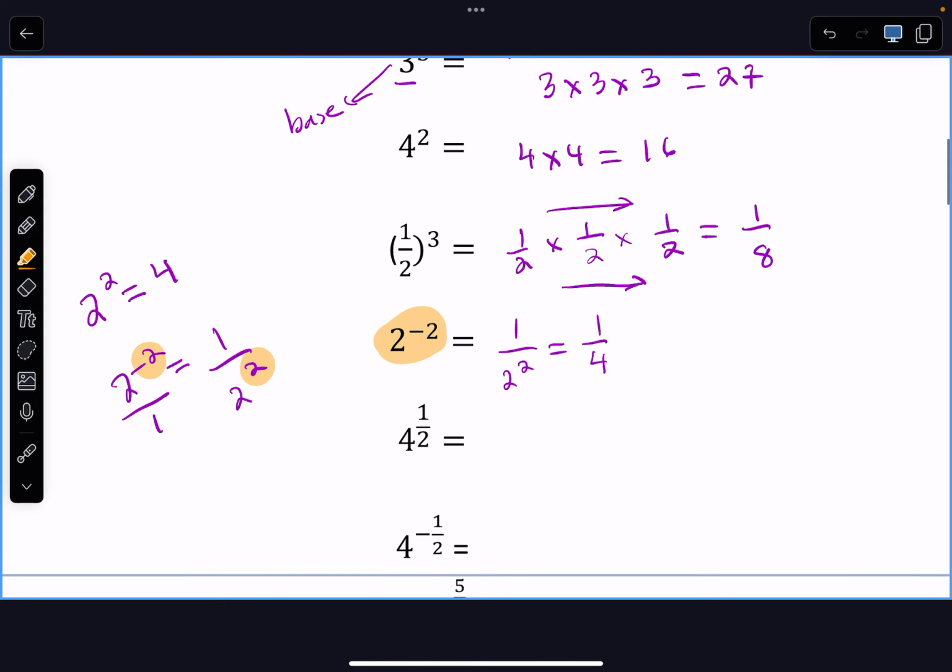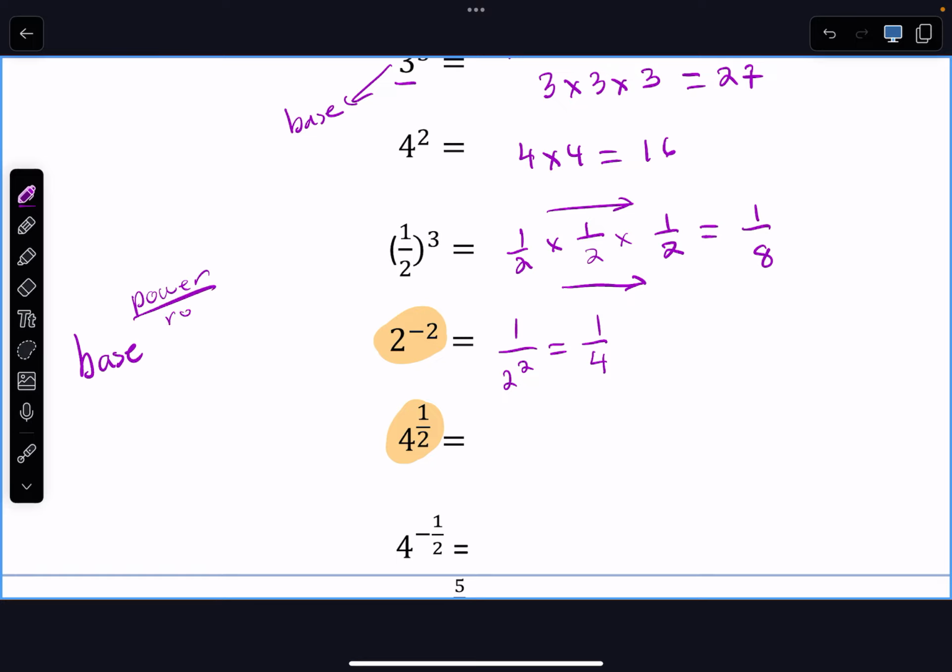All right. Another weird one is 4 to the power of a half. And this is what I'm going to show you this rule. We learned a while ago that if you have a base to a power over a root, this is the same thing as base roots all to a power.